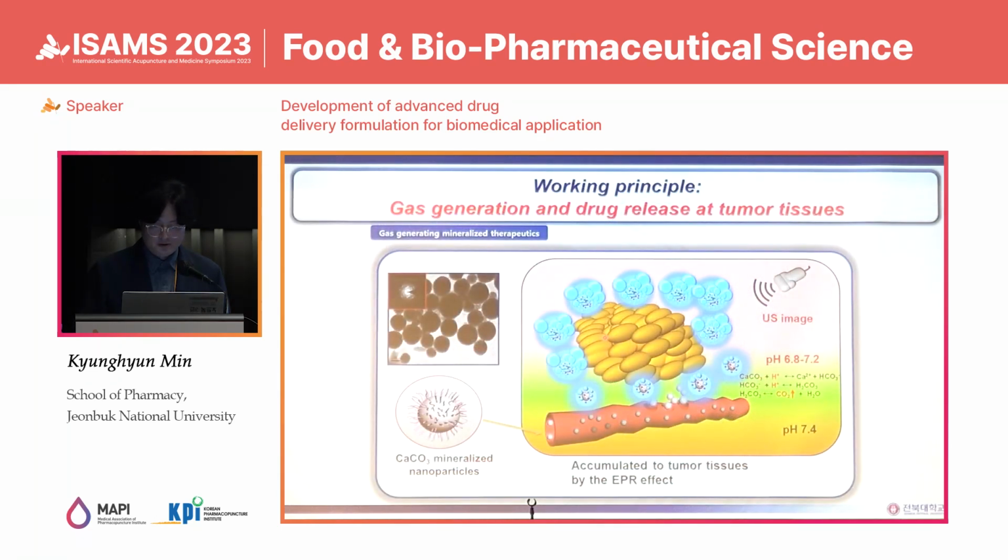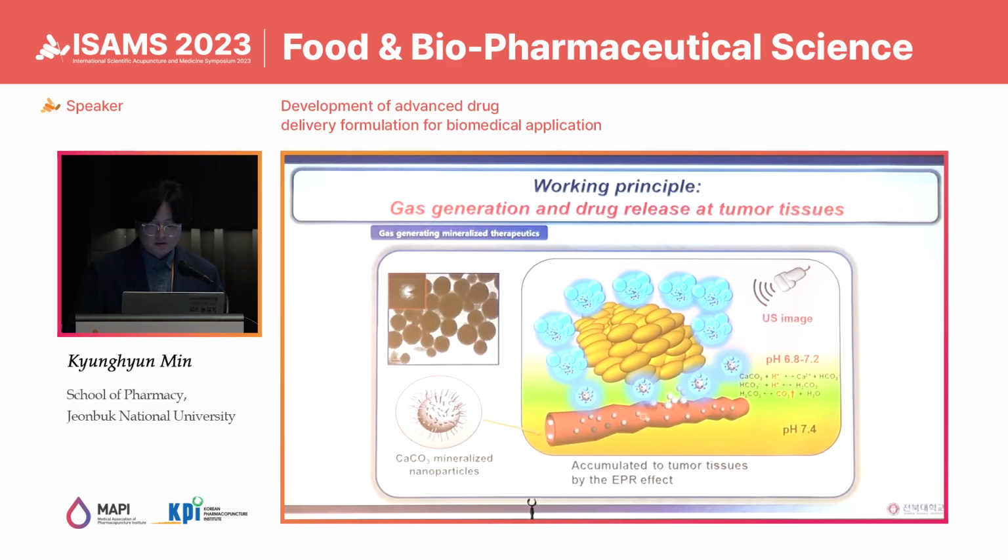After successfully making the drug-loaded mineralized nanoparticle, now I would like to talk about the working principle of this nanoparticle. Recall that calcium carbonate nanoparticles maintain their robust structure at physiological pH, like in a blood vessel.